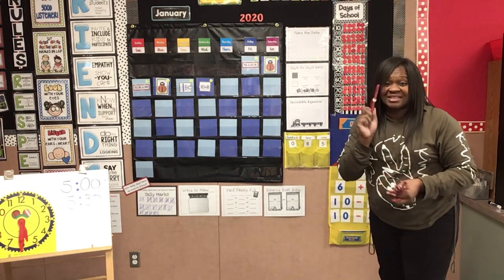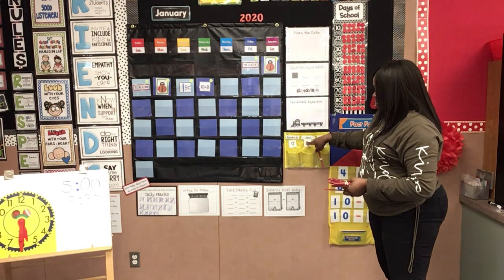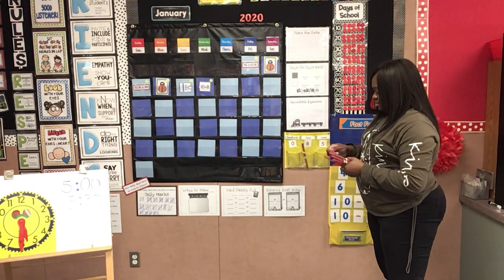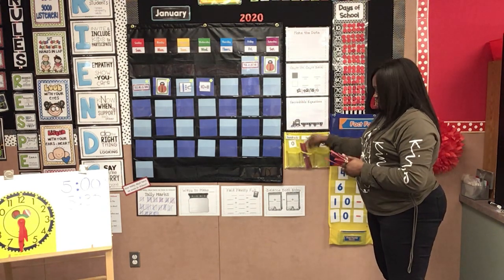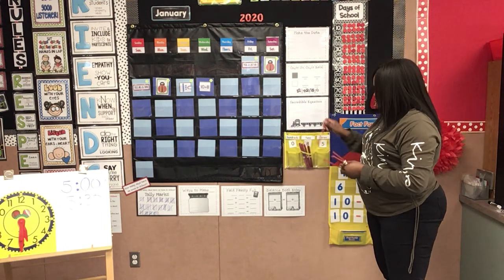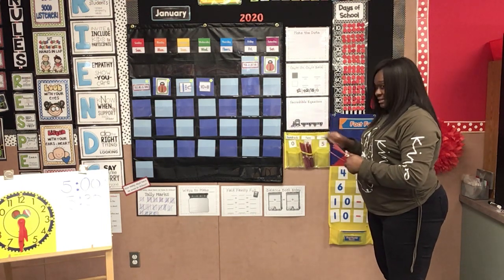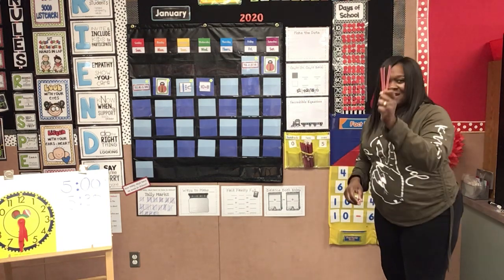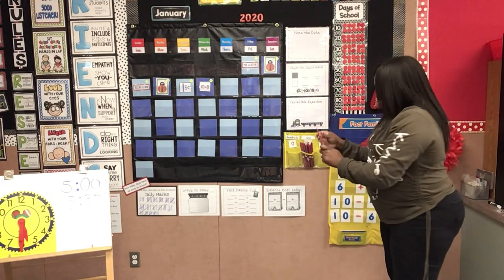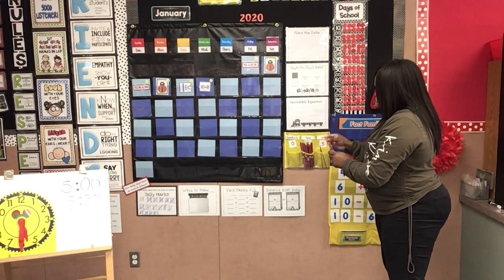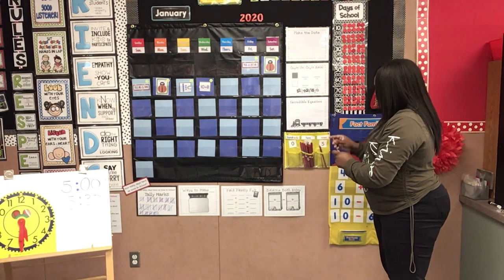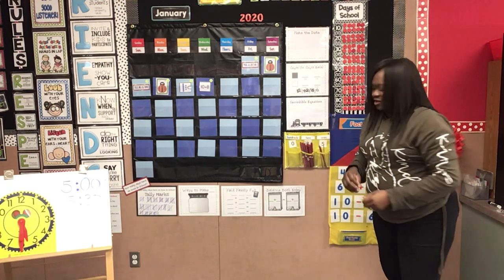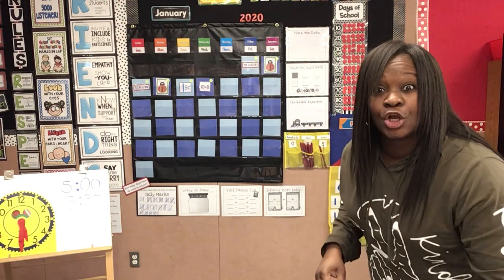I count by tens, because this is the tens pocket. 10, 20, 30, 40, 50, 60, 70, 80, and now I count by ones. 81, 82, 83, 84, 85. And you know what that means? I get to close the gate.